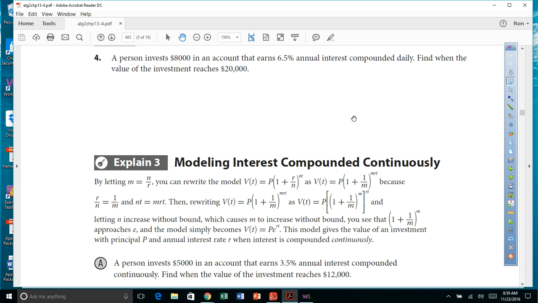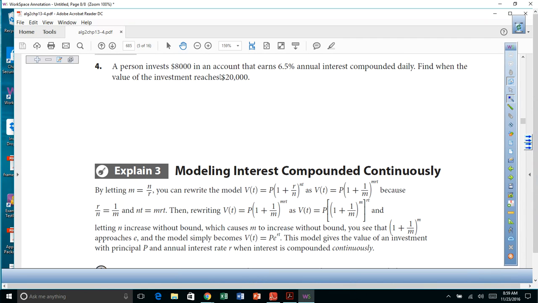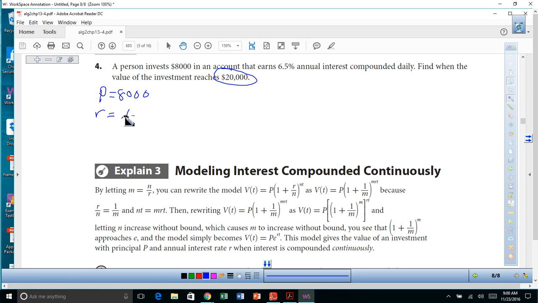A person invests $8,000 in an account that earns 6.5% annual interest compounded daily. Find the value of the investment when it reaches $20,000. So your Y scale is going to have to be kind of tall because you got 20,000 right there, right? So the principal is $8,000. Your rate is 0.065, and it's compounded daily. Well, there's 365 days in a year, so N equals 365.